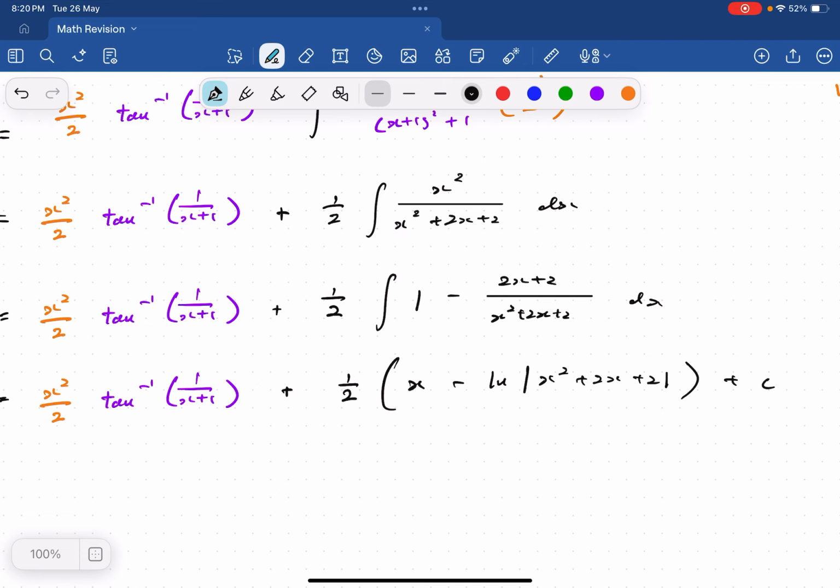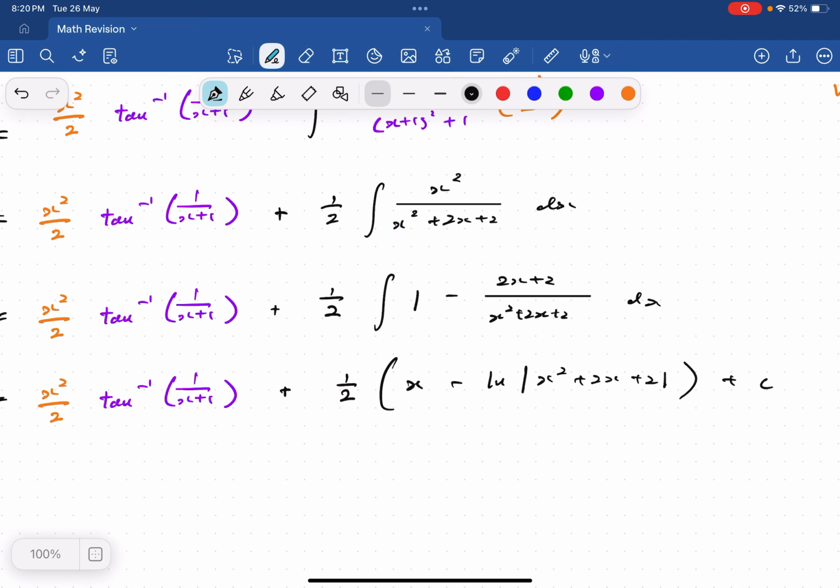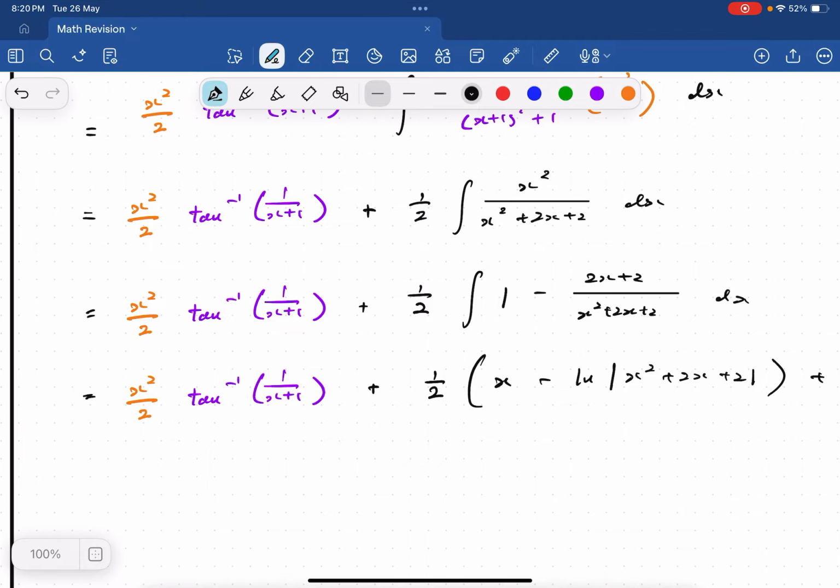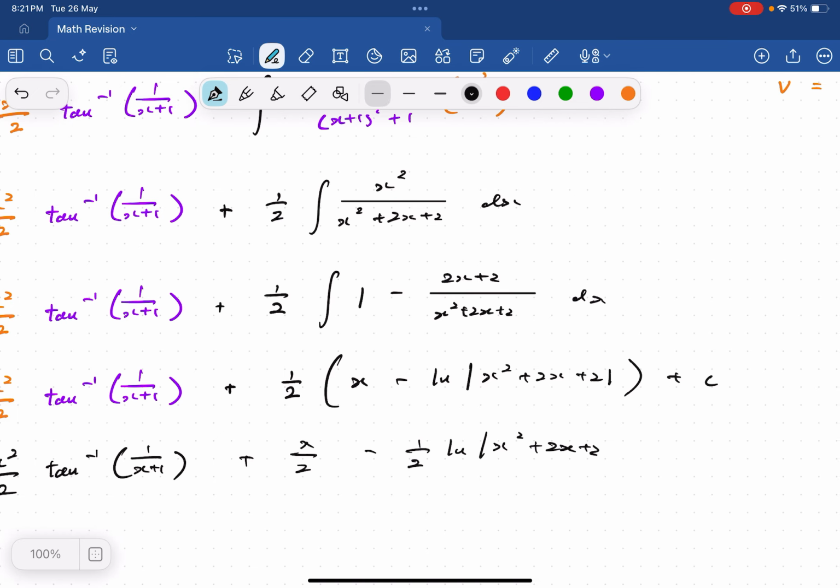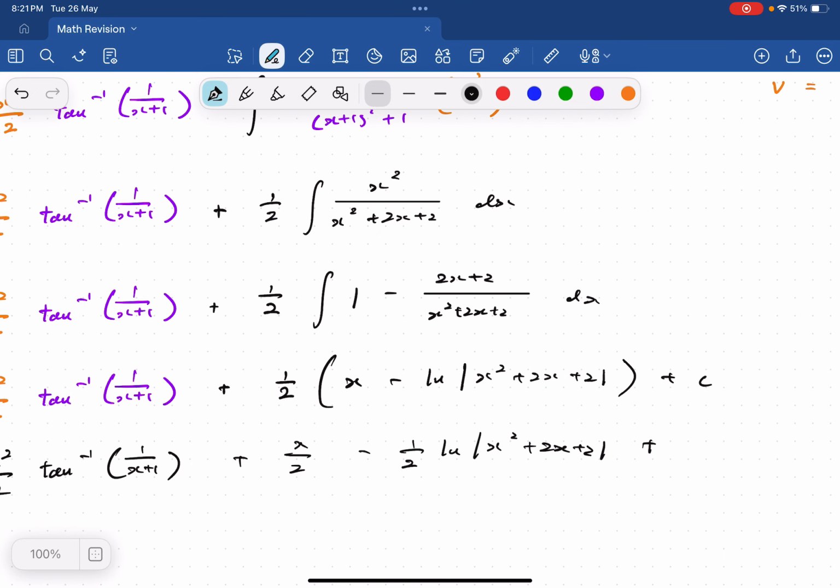Are we done? Yes, I think we are done. Okay, fine. I'm just going to expand that just for peace of mind. Plus x over 2 minus half ln x squared plus 2x plus 2 plus c. And that is it.